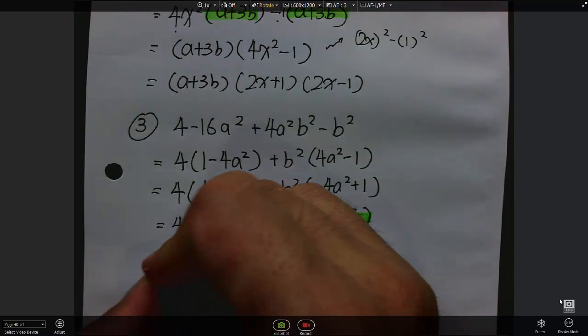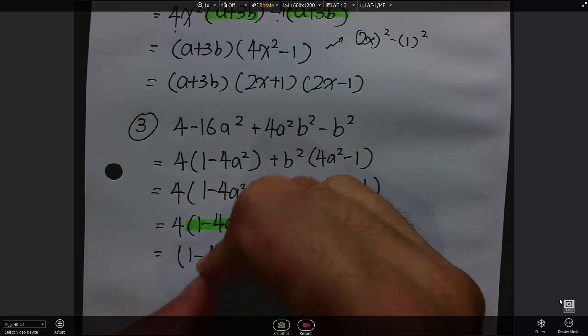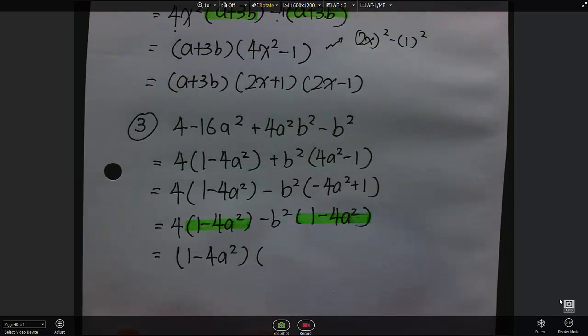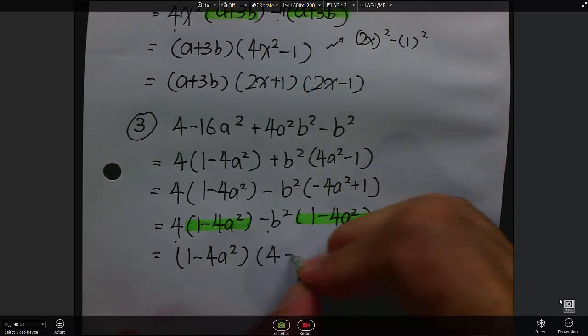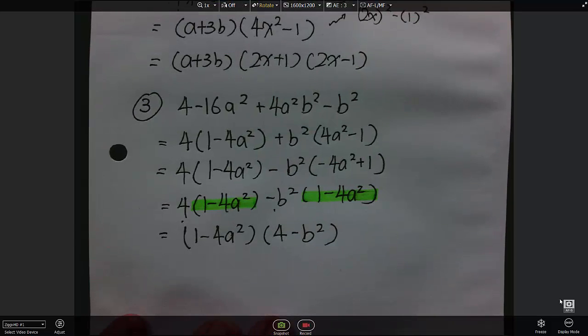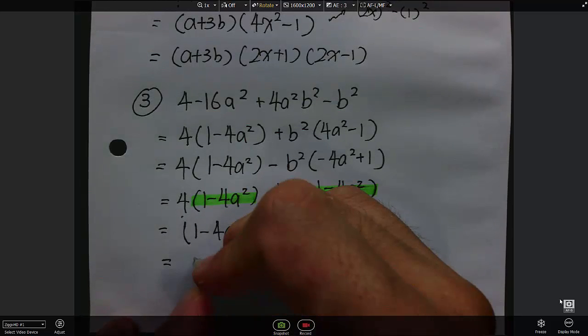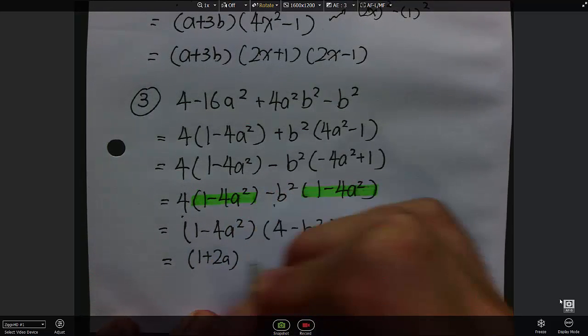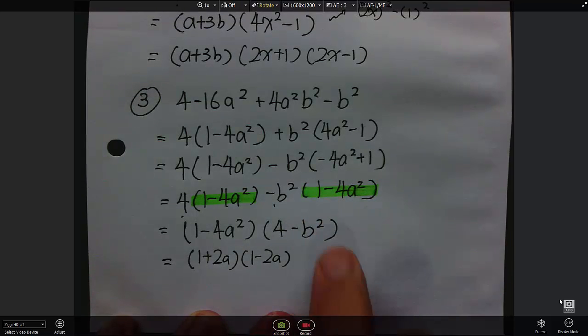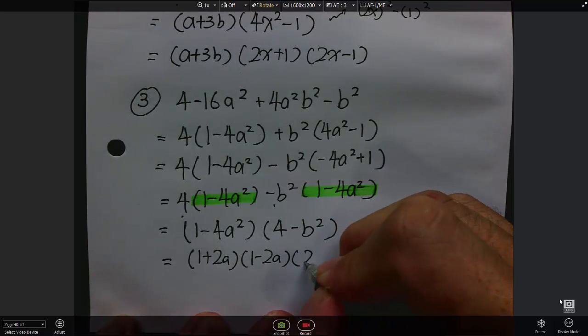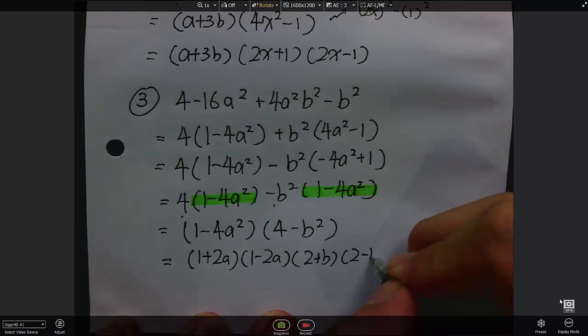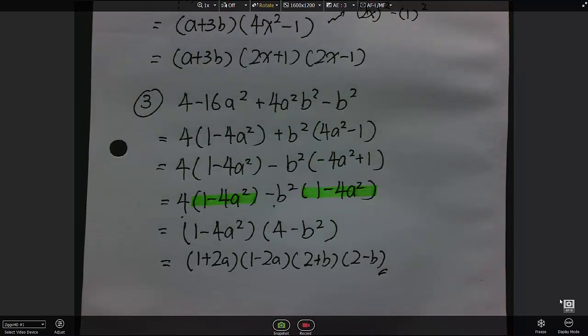So what I can write here is 1 minus 4a squared, and what is left over is 4 minus b squared. Then, be very careful, notice that this is of the form a squared minus b squared, and here is also a squared minus b squared. If you apply a plus b, a minus b, this is 1 plus 2a, 1 minus 2a. Similarly, this one is 2 plus b, 2 minus b. And this term is completely factorized.